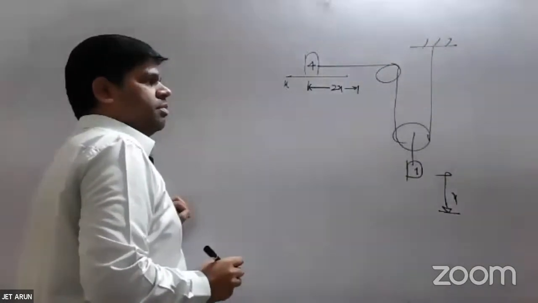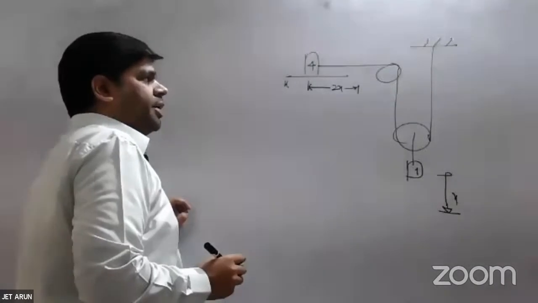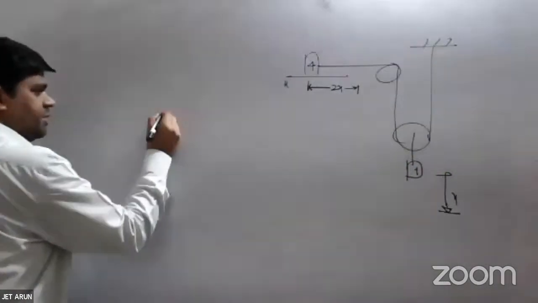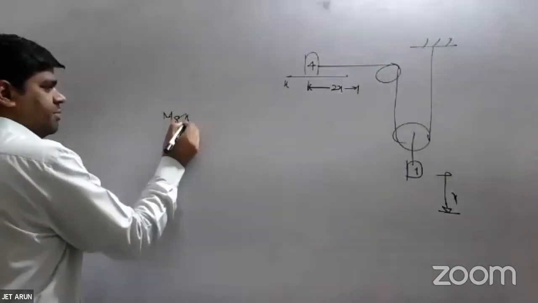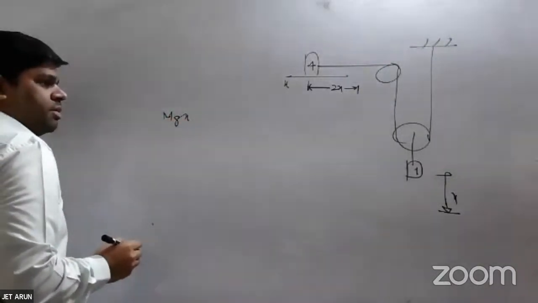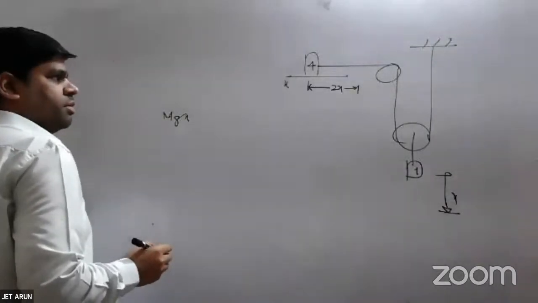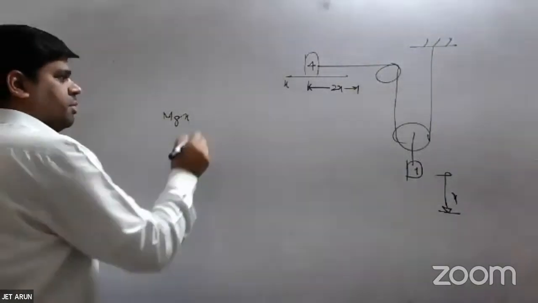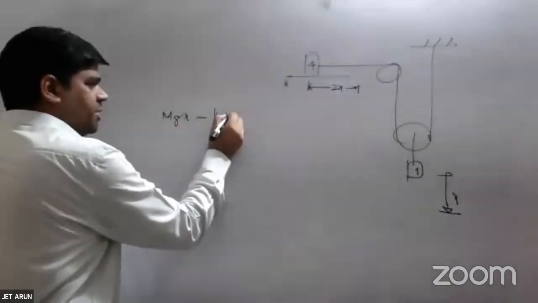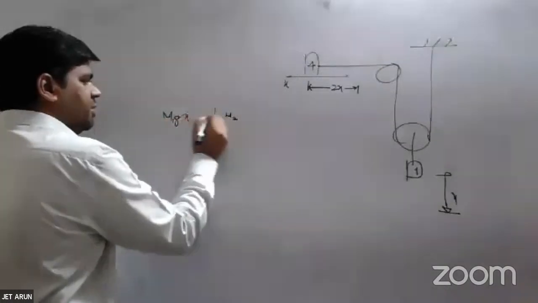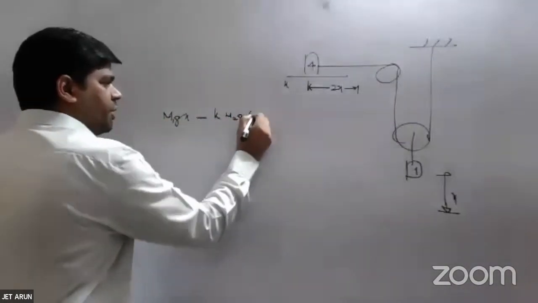All right. So how much is the drop in gravitational potential energy? mgx minus the loss, which is mu m1 m2 g, m2g into 2x.